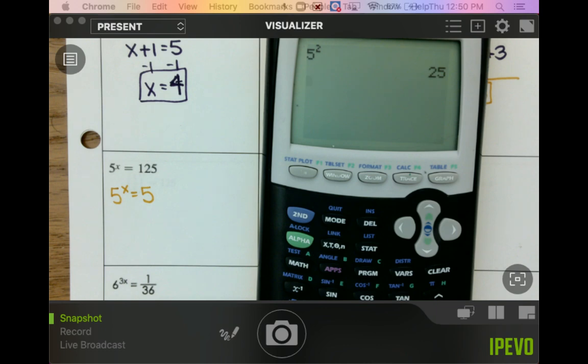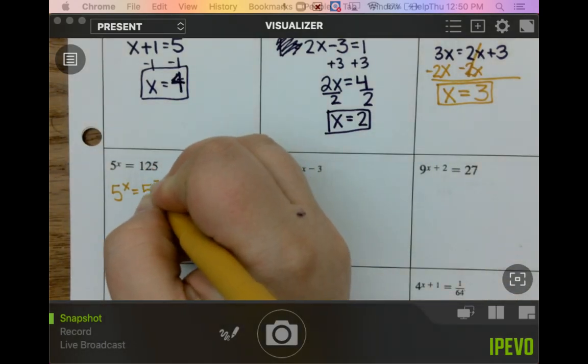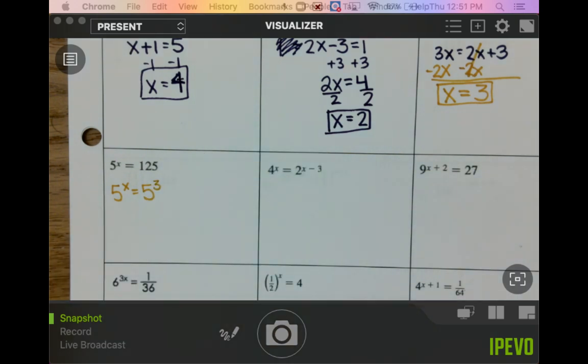So I'm going to try 5 squared. That's only 25. So now I'm going to try 5 cubed. That is 125. You're not always going to know the number automatically. You're going to have to use your calculator to sort of guess and check. But don't just guess and check in a wild and unplanned order. Go like 2, 3, 4, 5.